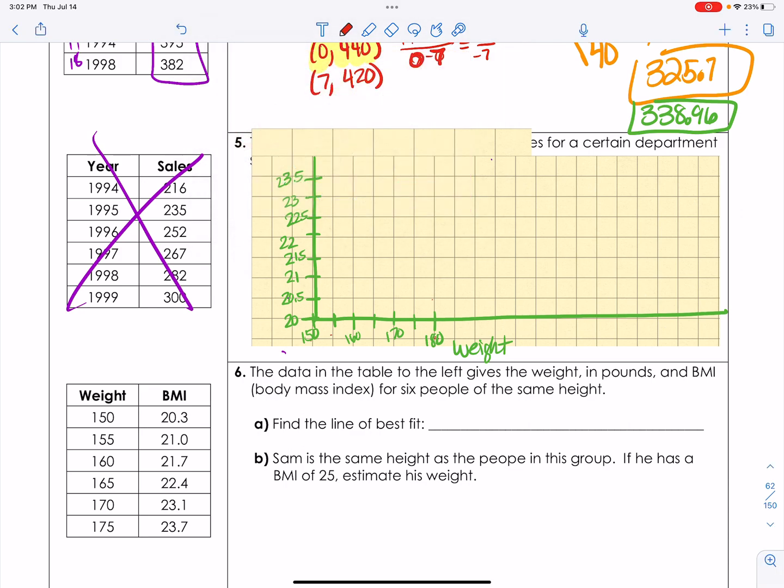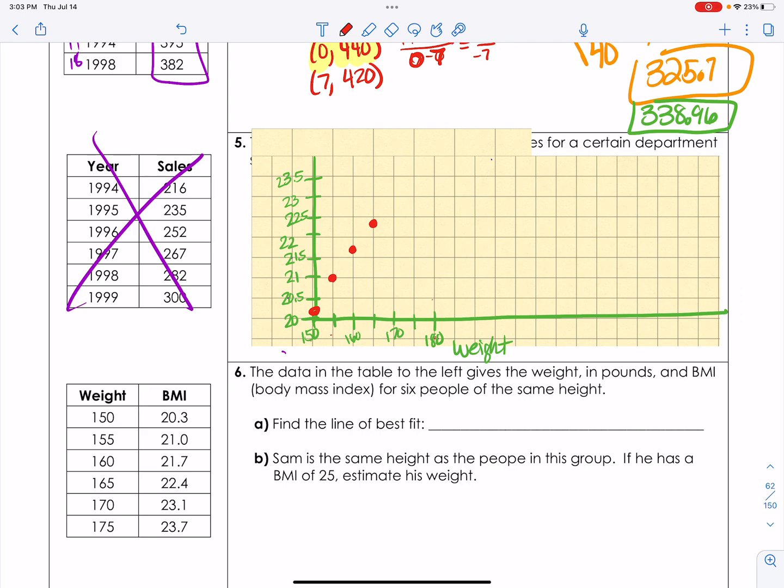So if I do the weights at 150, I'm at 20.3. At 155, I'm at 21. At 160, I'm at 21.7. At 165, I'm at 22.4.